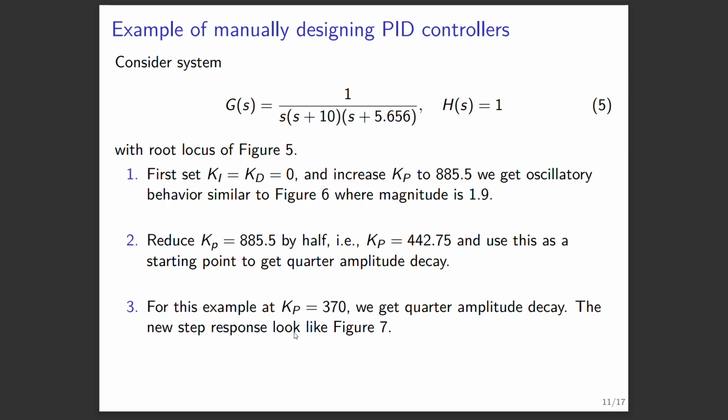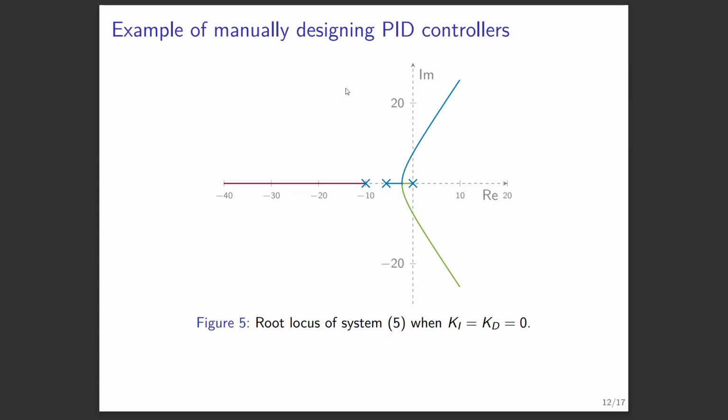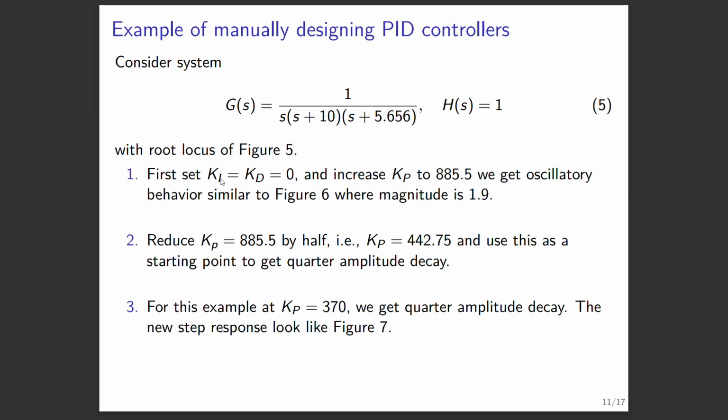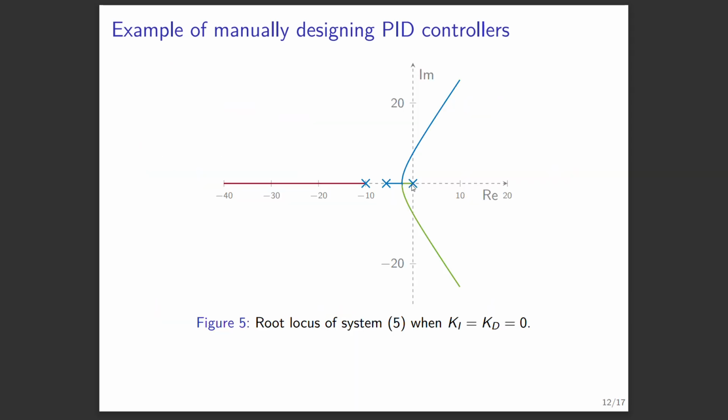Example: I have a unit feedback system, negative feedback, and this is G. And the root locus of it is this. So this is the behavior of the system I already have in hand. If I set Ki and Kd equal to 0 and crank up Kp, as you know, these three poles start moving.